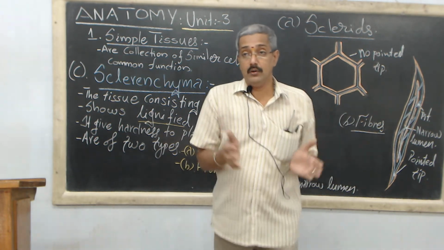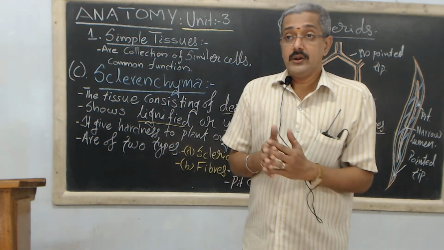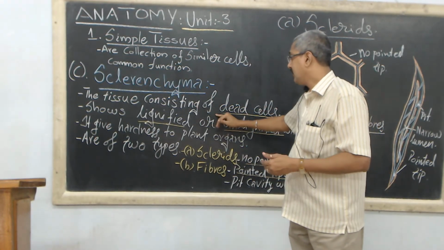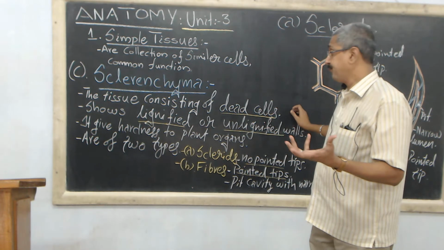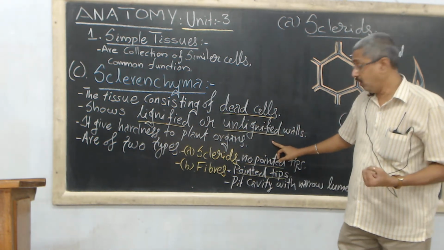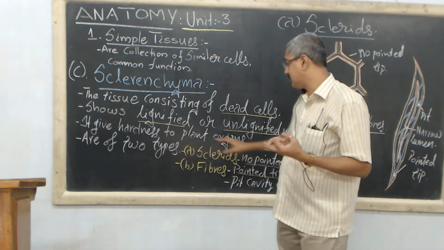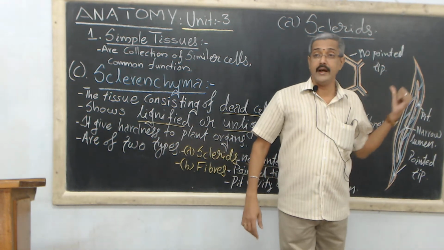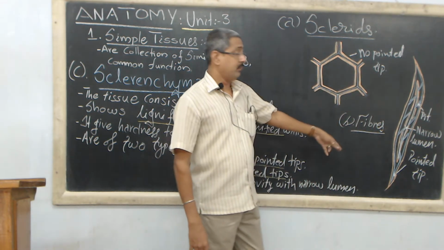So we can conclude, what is sclerenchyma? Sclerenchyma is a tissue consisting of dead cells with lignified or unlignified walls, which gives hardness to the plant organs, and it is of two types: sclerids and fibers.